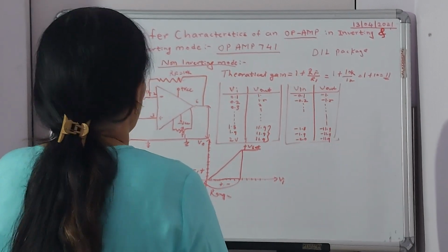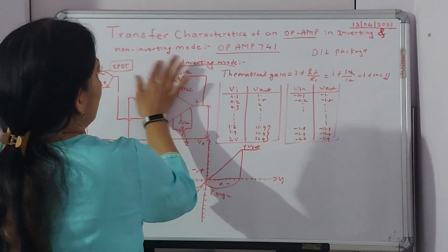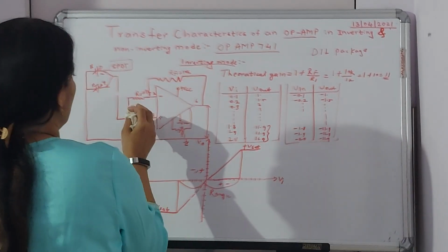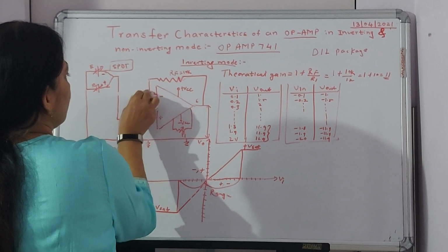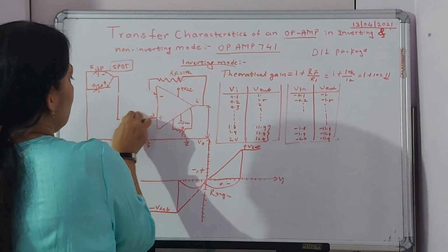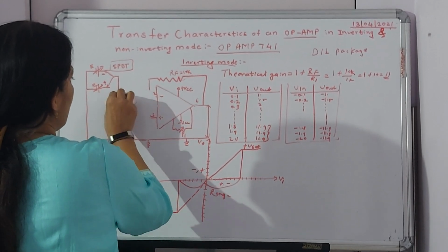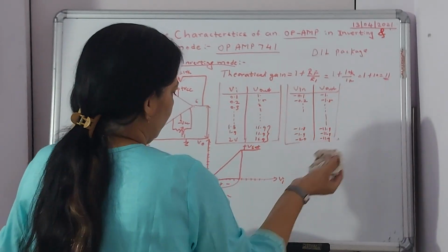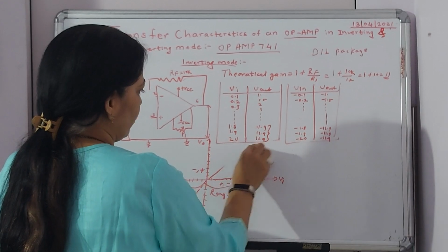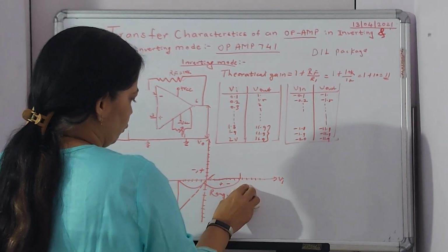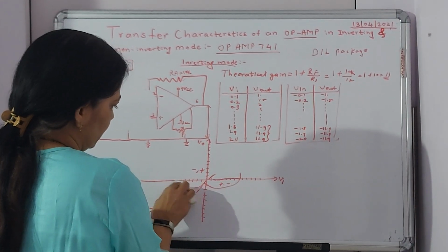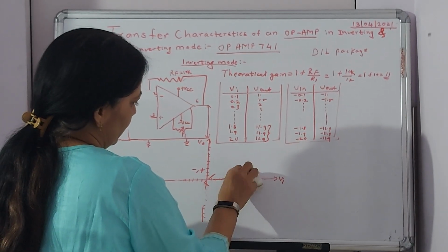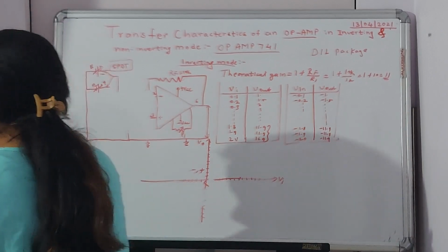Now I will move towards the inverting. Now for the inverting mode, what corrections do I have to make? I have to make the corrections only to this part. So I will rub this part and do the connections over here. Same way, the output also will be almost similar, only this graph I will have to change. So in this case, I just try and show it over here.